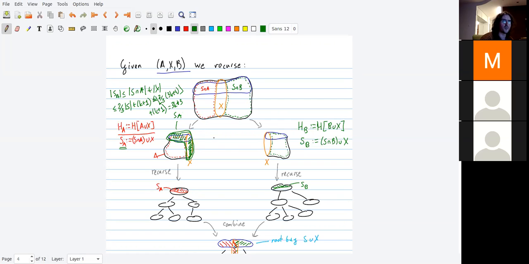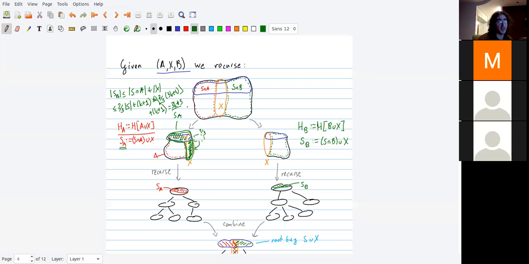However, this addition of the set X is offset by the removal of this missing 1/3. This missing 1/3 was transferred to this new part from X. And this is the trick. This is why we're splitting S in a balanced way, in order to accommodate the increase of the boundary by the separator. So 3k plus 3.